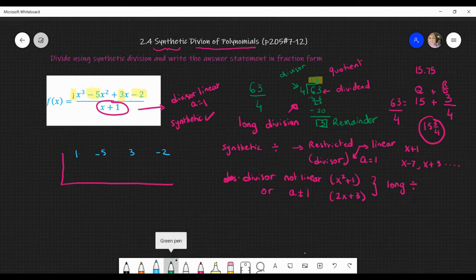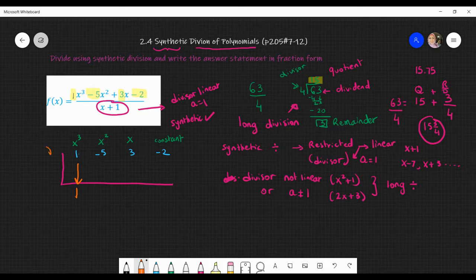Now, what I'm going to do next is not a must, but it's highly recommended. On top of each coefficient, I want to put where it came from. So the 1 was next to the x cubed, the -5 was next to x squared, the 3 was next to x, and the -2 had nothing next to it. This is why we call it a constant. And now how do we proceed? We drop the first coefficient down.